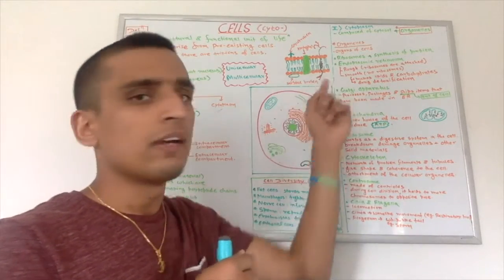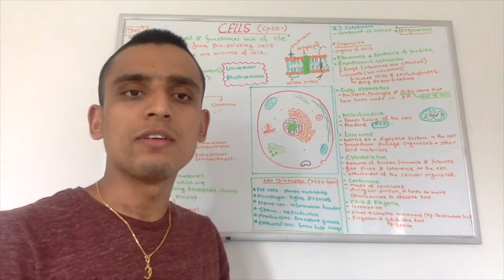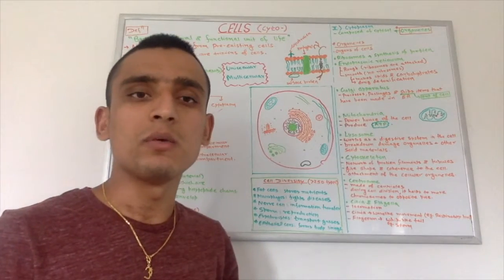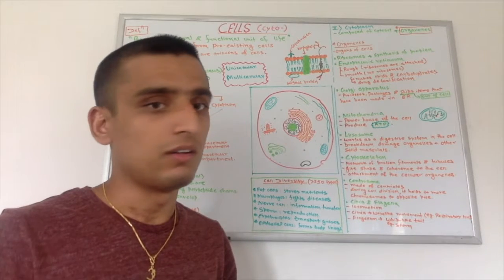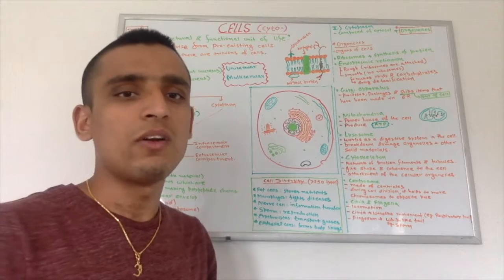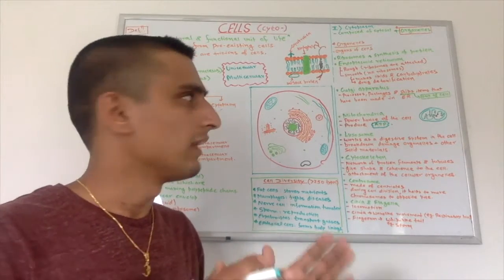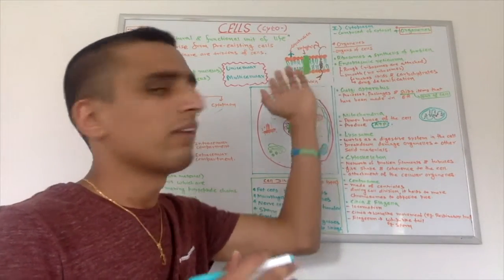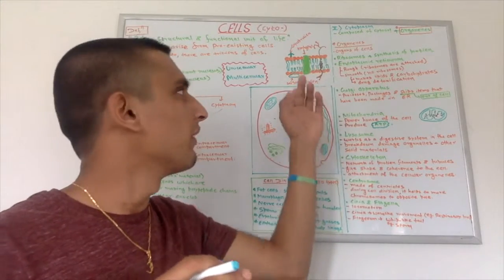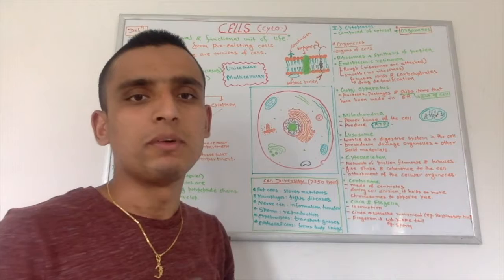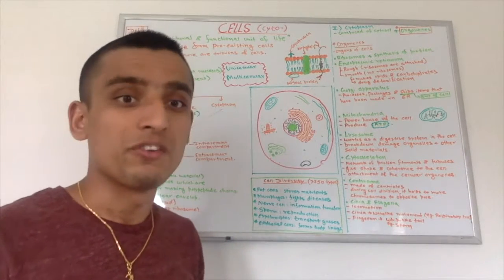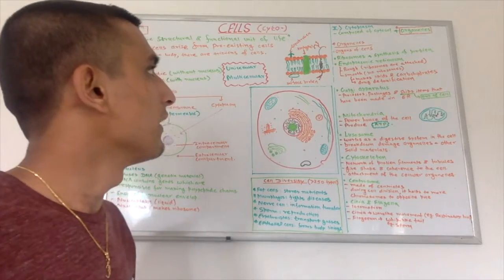The head regions are usually hydrophilic in nature, they love water, but the tail regions are hydrophobic, they don't like water. Water can pass through the channels, but the tails usually don't like water because they are non-polar in nature. But water is polar, right? So that's why it is very important.